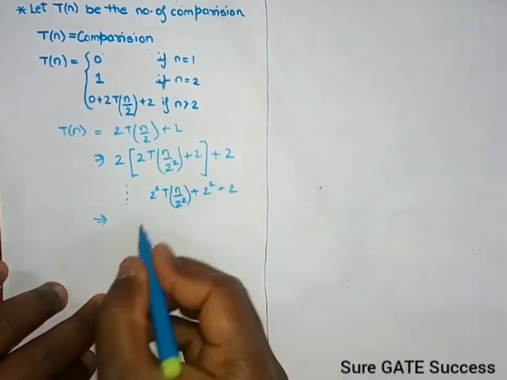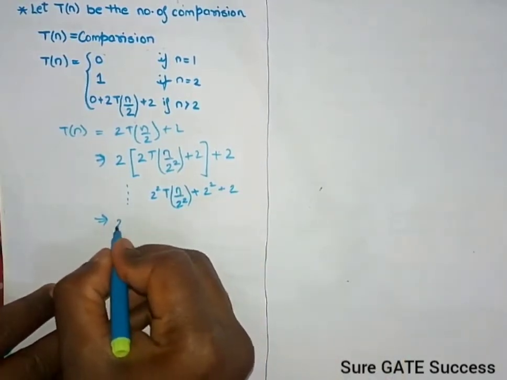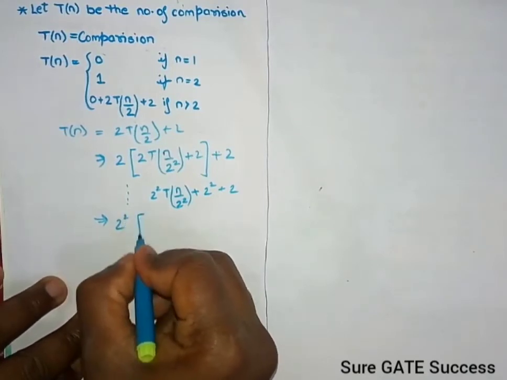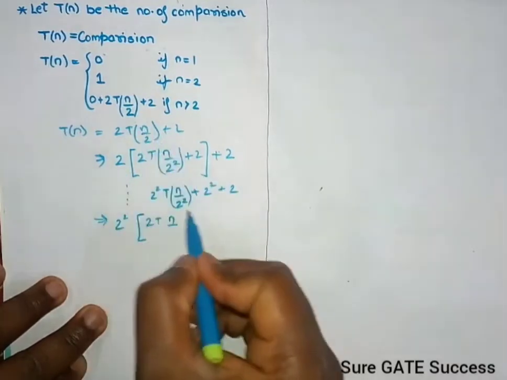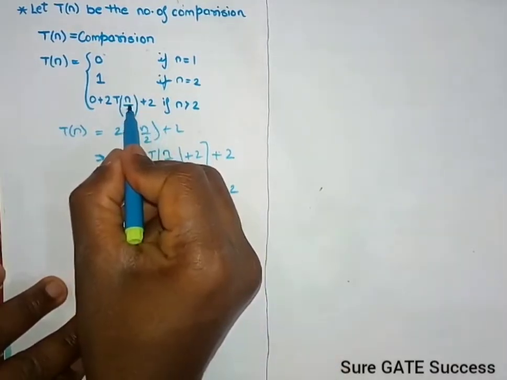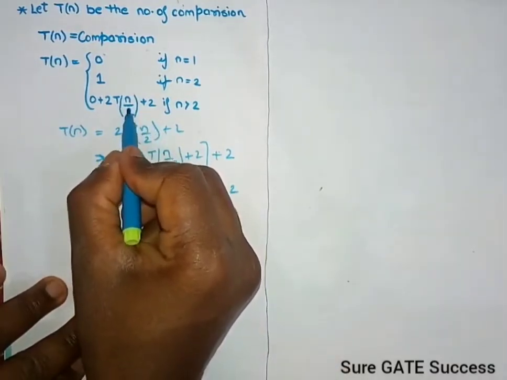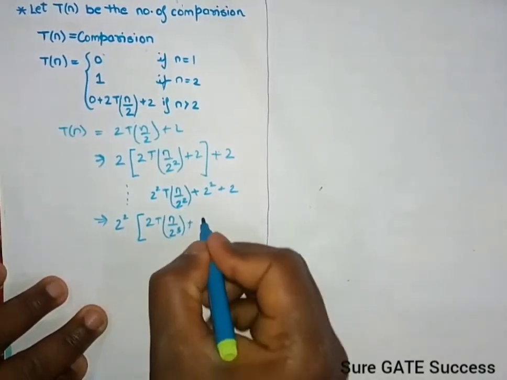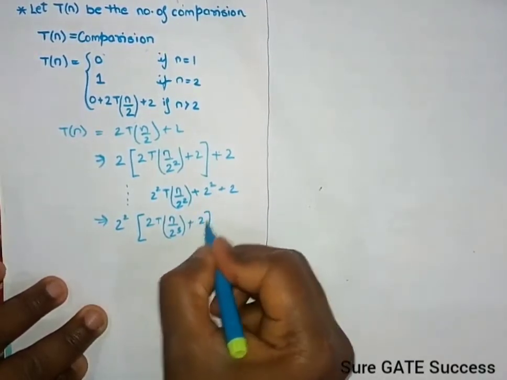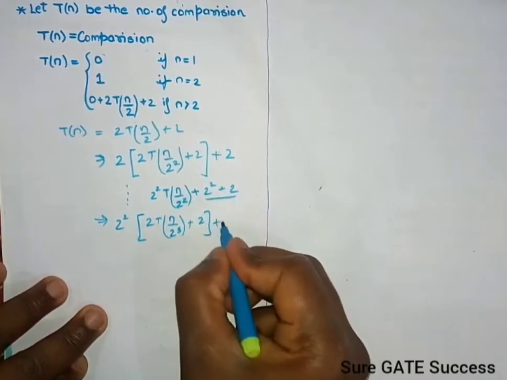Similarly, if we put another one, 2 squared times 2T, putting n/2 squared here, it will be n/2 cubed, and here it will be 2, and place these two as it is.